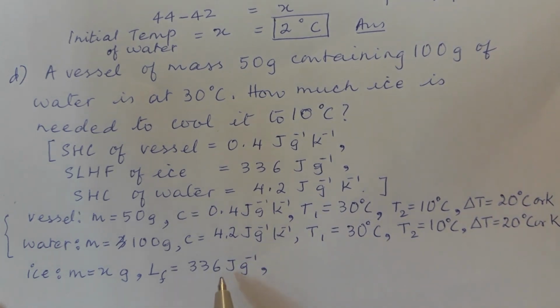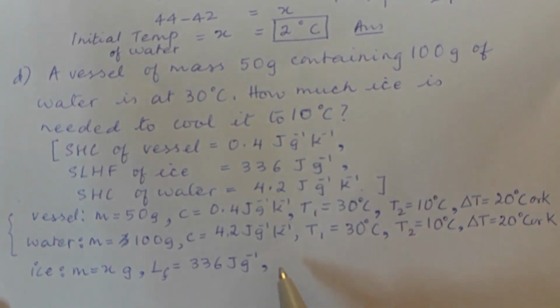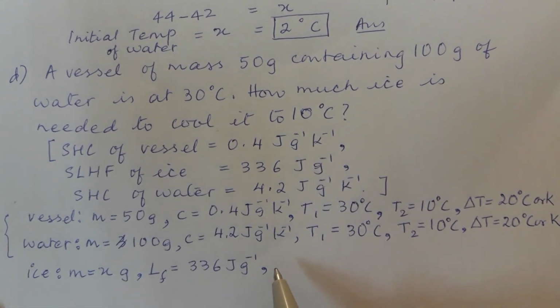Now this heat will be used to change its state and it is going to become water at 0 degrees C. But the end result is water at 10 degrees C. So we are going to require heat for the change of ice into water, and then water at 0 degrees C to water at 10 degrees C. For that we will need the mcΔT formula, so we need the SHC as well.